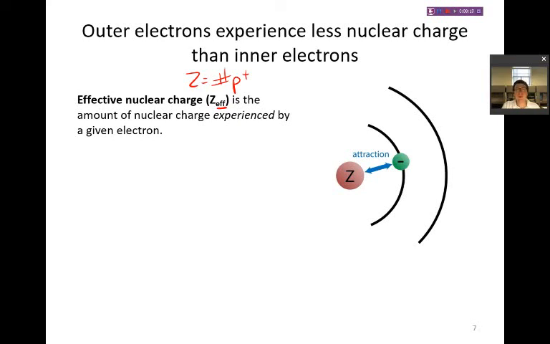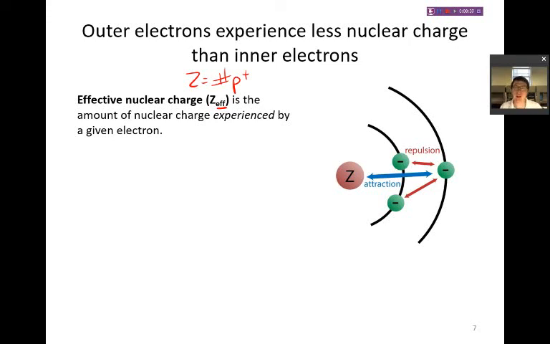The reason why there is a difference between the actual nuclear charge and what is felt is due to the fact that we have attractions and repulsions. So once we start looking at having multiple electrons, they will repel each other.